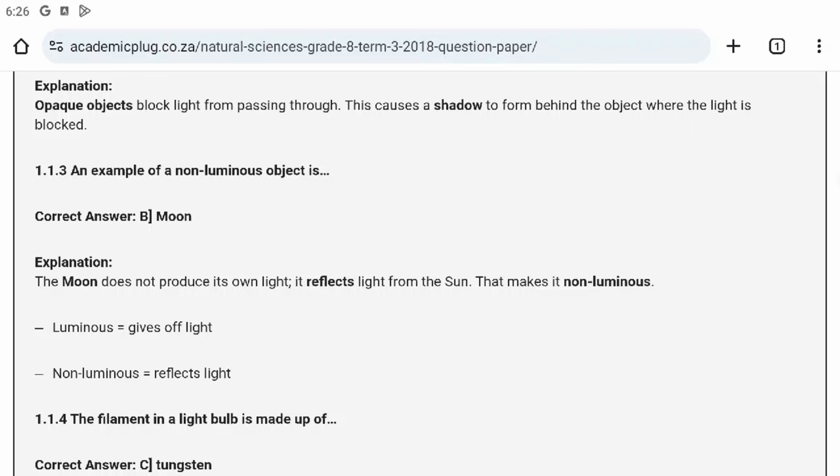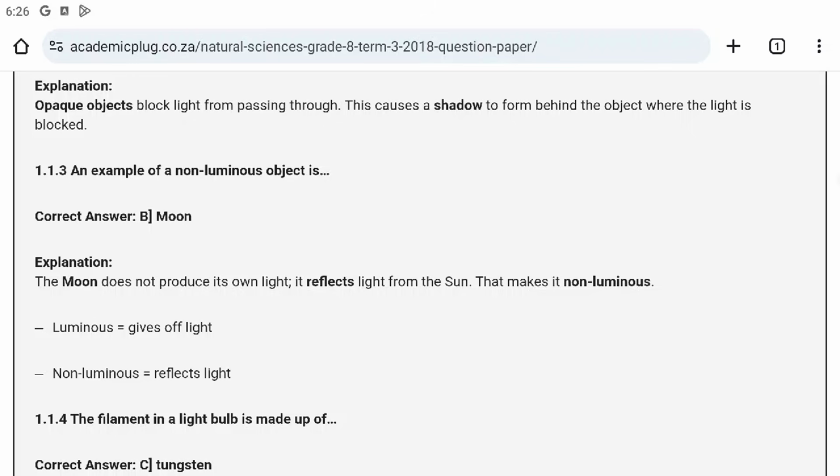The sun is like a burning ball, right? It's like flames all around it. That's why it produces its own light, as compared to the moon, which does not produce its own light but only reflects the light from the sun.